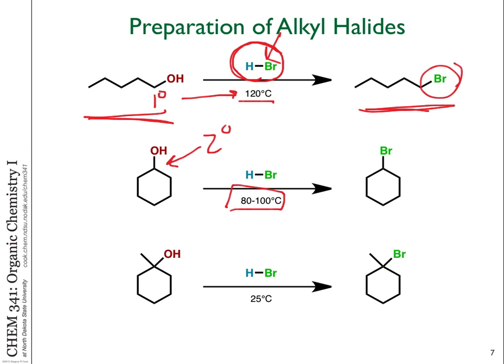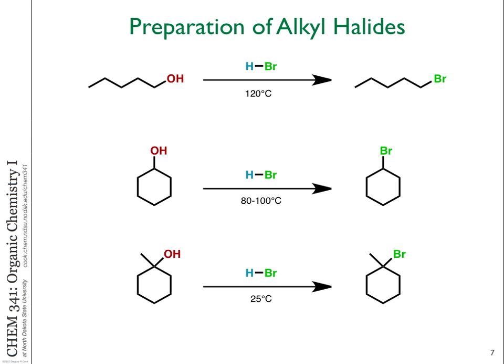And then if we go to 1-methylcyclohexanol, now we're on a substrate which has a tertiary carbon. So the alcohol is a tertiary alcohol. And the reaction is going just fine at room temperature. So clearly the reaction is going faster, so we don't need as high a temperature to make the reaction proceed.